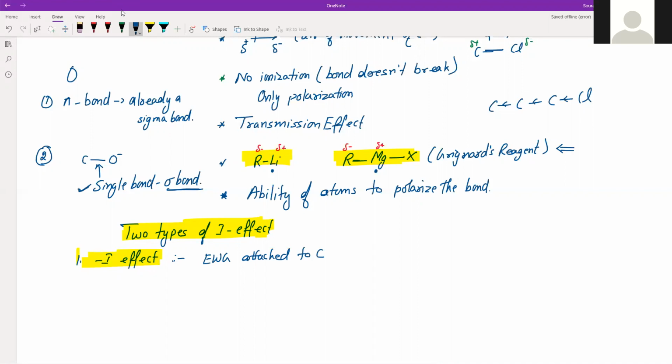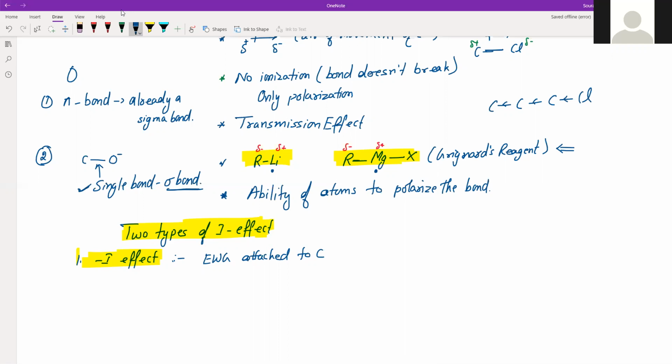So what will it do? It will attract the bonded electron cloud from carbon towards itself. Such groups, when they make carbon electron deficient, are called negative I groups, and the effect is called minus I effect.